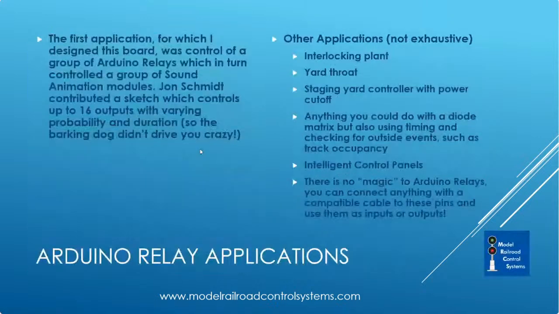Now, the first application I did this for was a client who had a bunch of sound modules on his layout, and he wanted them to play randomly. We needed to be able to say what was the minimum length a particular effect was going to run, the maximum length, the probability, and what the maximum number of sound effects would happen at a time.